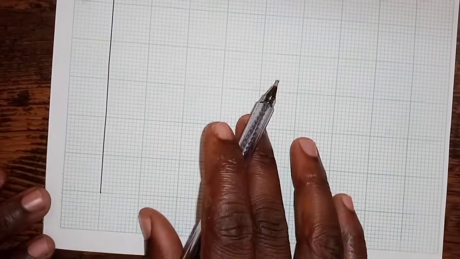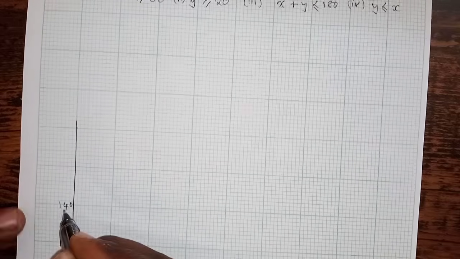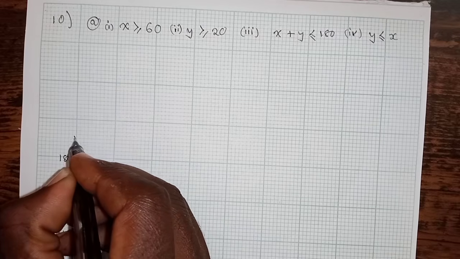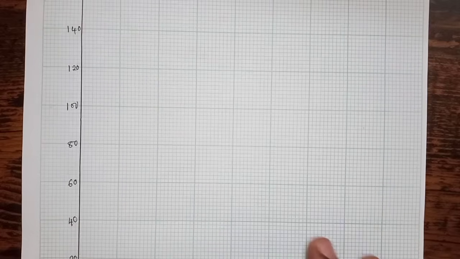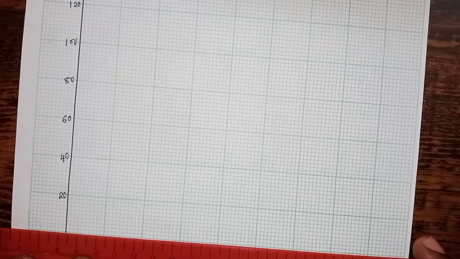Okay, so my 0 will be right here. This is 20, 40, 60, 80, 100, 120, 140, 160, and 180. So this is y-axis up to 180, because they said both axes should end at 180, from 0 to 180.